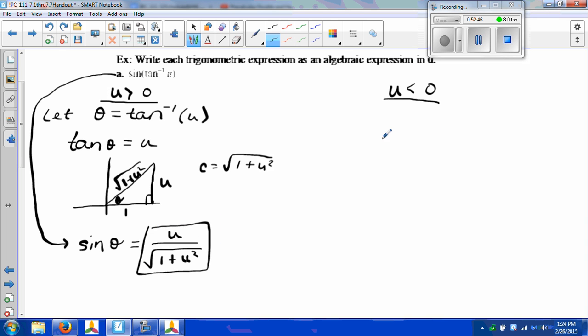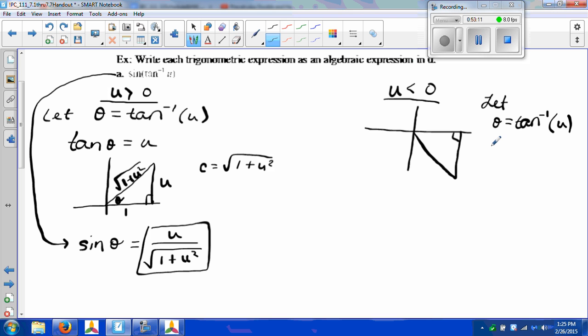Okay, now if u is negative, let's do that one. Well, that would be here or here. Arc tangent is only allowed in quadrants 1 and 4. So there it is. And again, we're just letting theta equal the arc tangent of u.